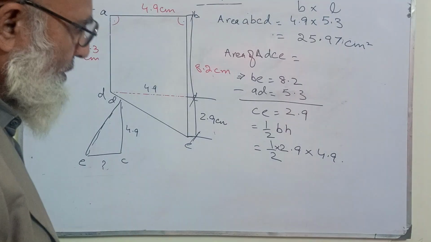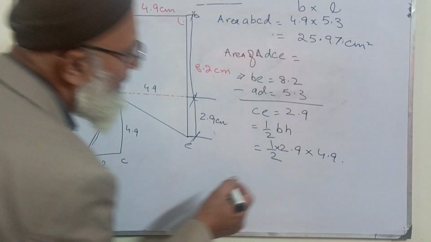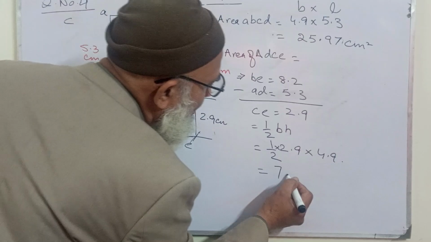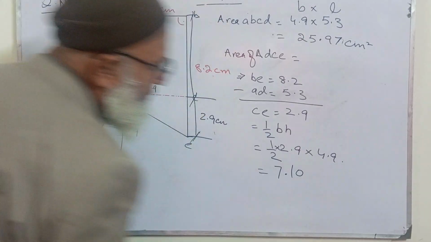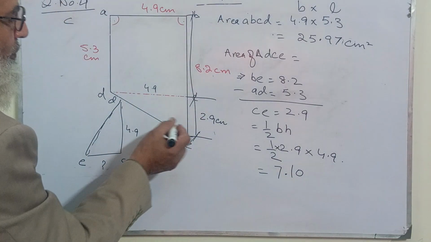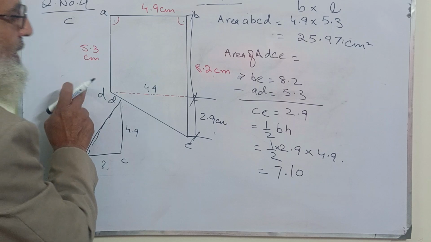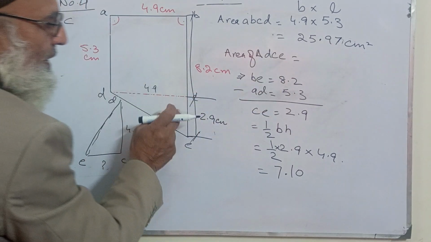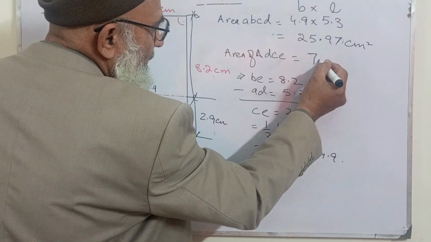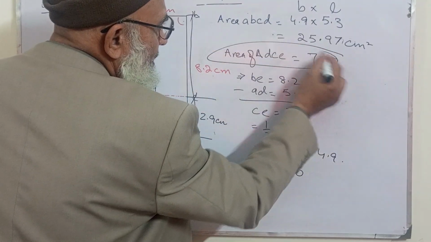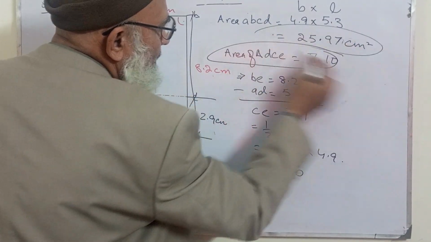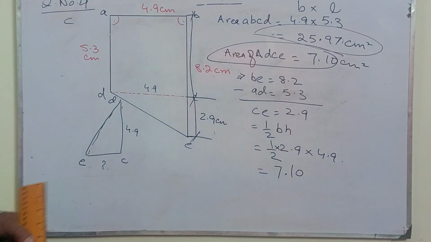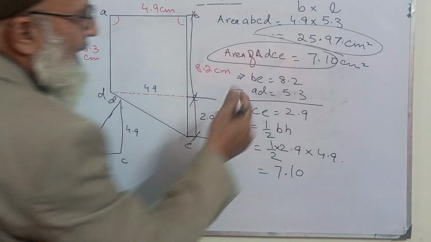So, my dear students, it is 7.10. The area of triangle DCE is 7.1. Now this is your second answer. This was your first answer, in centimeter scale. Okay. Now just add these two.